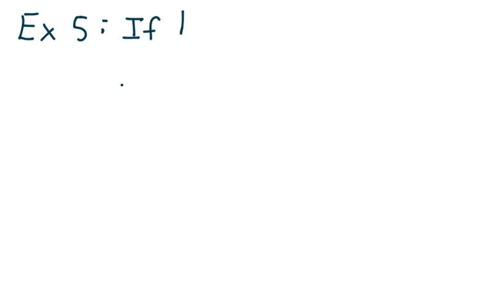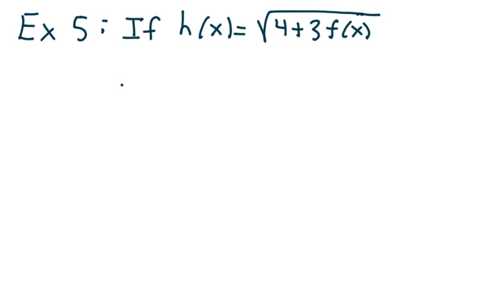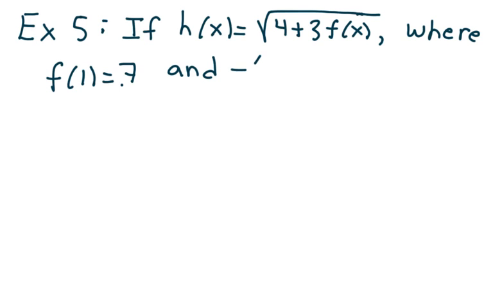If h of x is the square root of 4 plus 3f of x, where f of 1 equals 7 and f prime of 1 equals 4, the question says find h prime of 1.